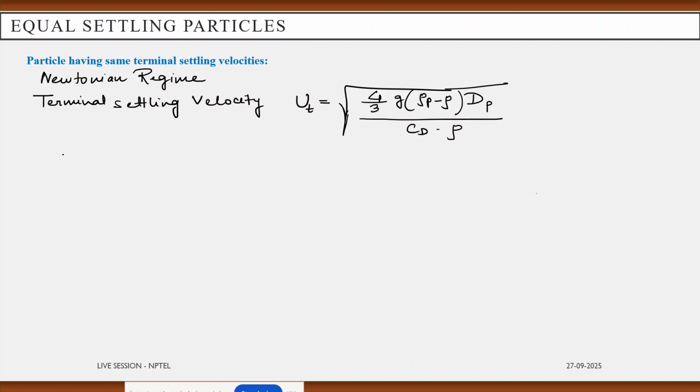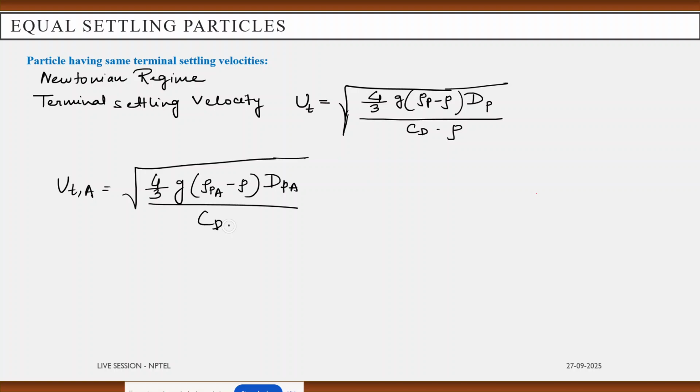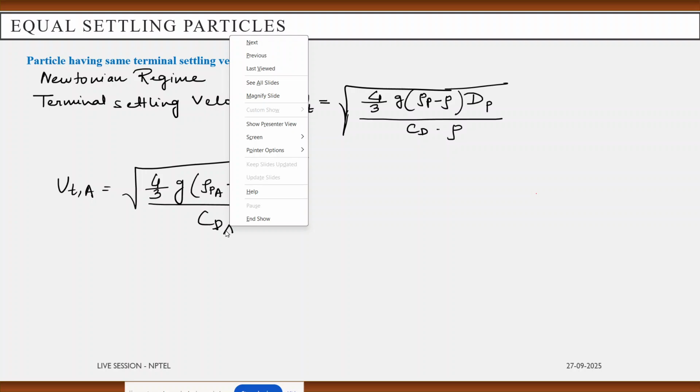For particle A and particle B, we will get two different notations: u_A equals root of 4 by 3 times (rho pA minus rho) dpA divided by CDA into rho.